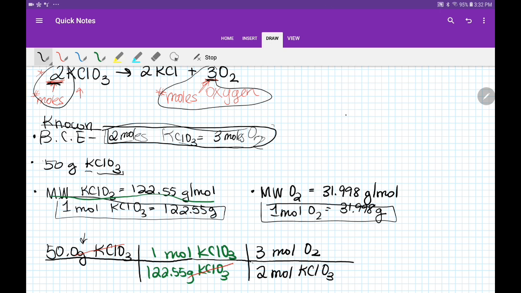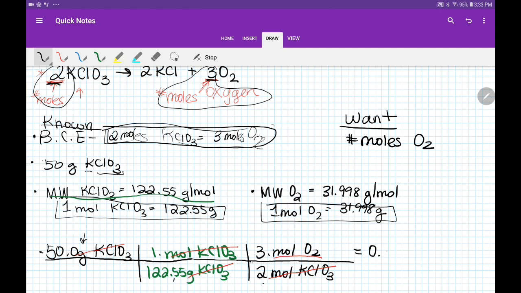Because in this question we want the number of moles of O2, we can now stop, because the unit we have left is moles of O2. We do not need to calculate the number of grams. That's not what the question's asking. We are all set. So you multiply on the top 50 grams times 1 times 3, divide that by 122.55, divide that by 2, and that's how you figure out your answer.